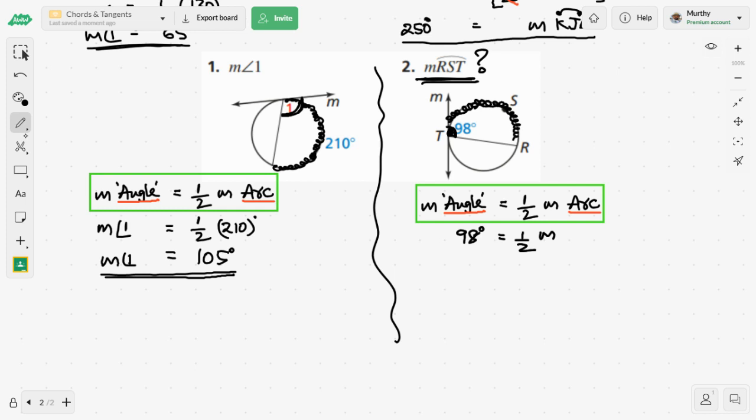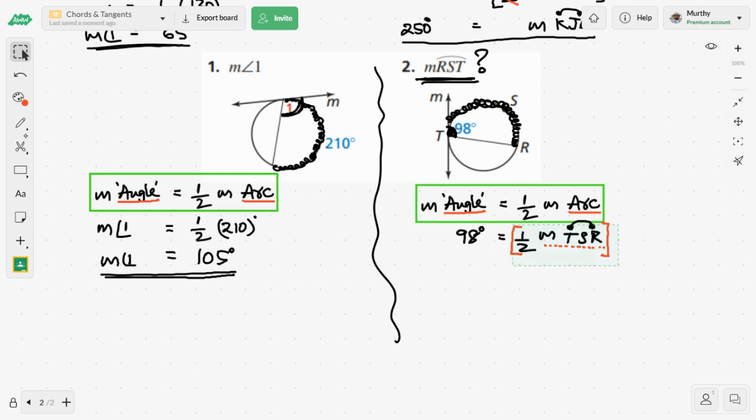Please remember, arc means a part of the boundary line. This we don't know. So here the measure of arc TSR, there are 3 letters, and let me put the arc symbol on top of that. As I told you before, we have to figure out the value of measure of arc TSR, and we have to eliminate this half.